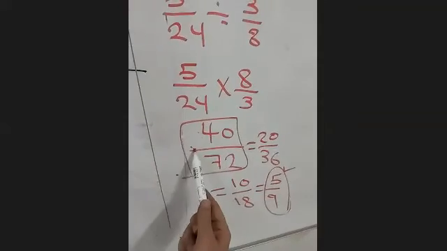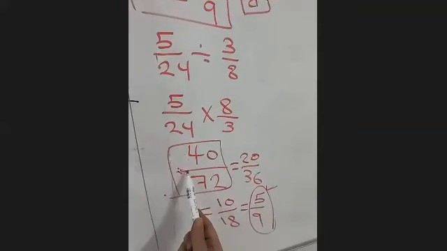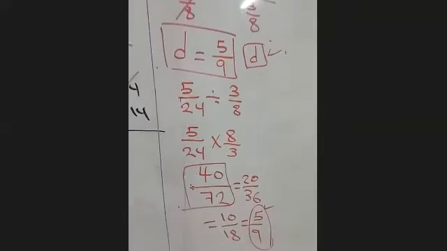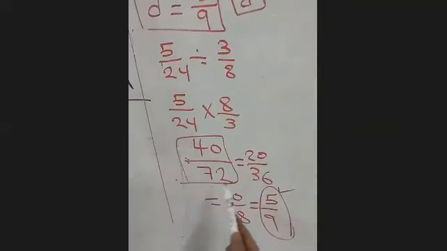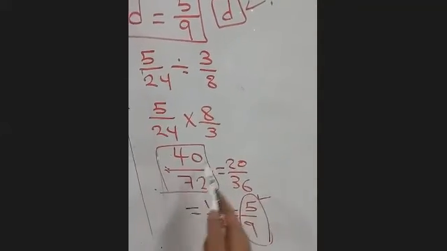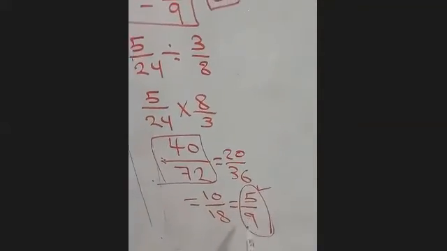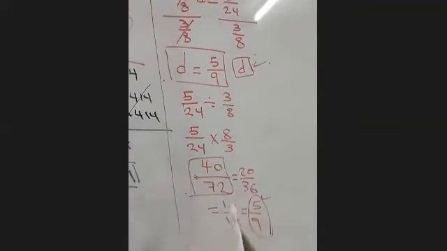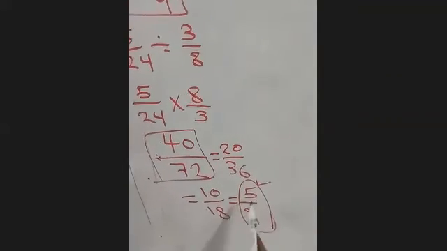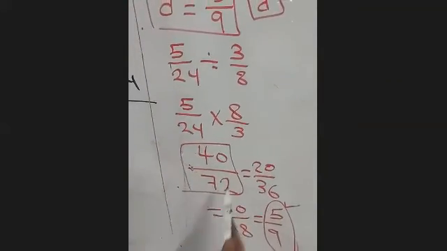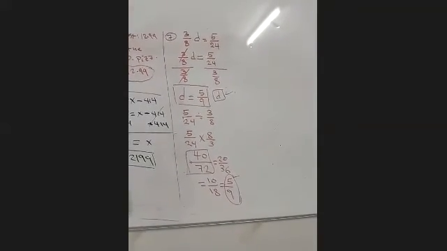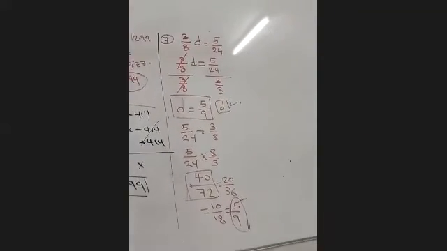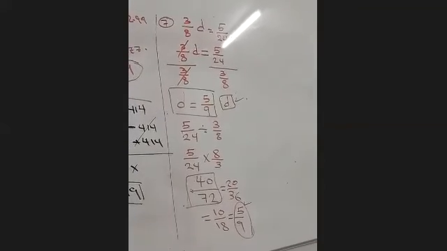This answer is correct, but it's not in the choices. That's why I told you before, the simplest form is very important. Sometimes you get the correct answer, but if you didn't simplify it, you lose a mark. So the final answer is 5/9, the simplest form of 40/72. This is question 7 with all its steps.